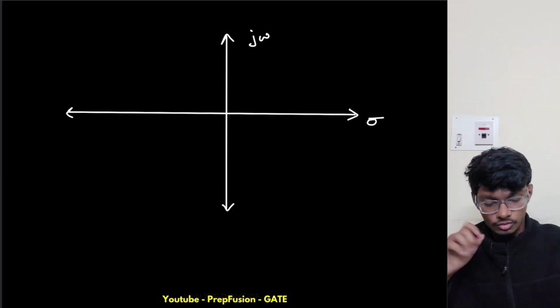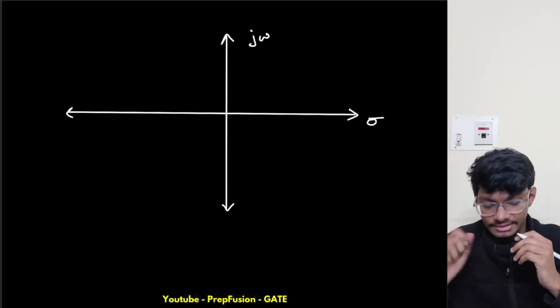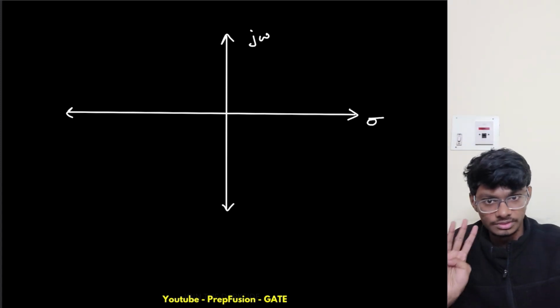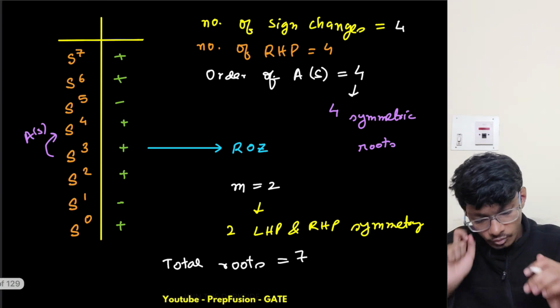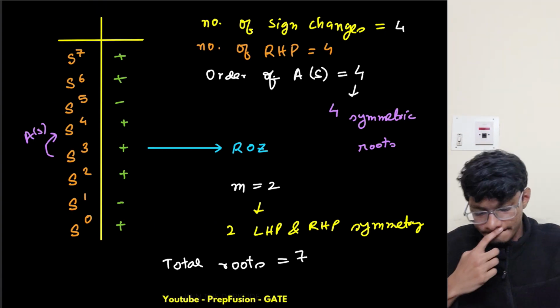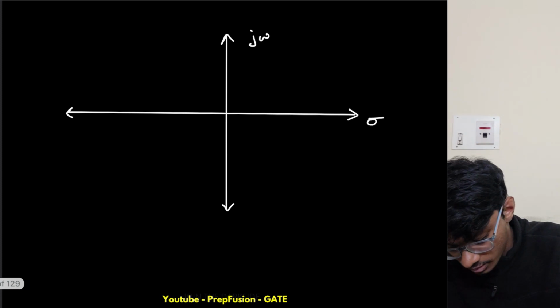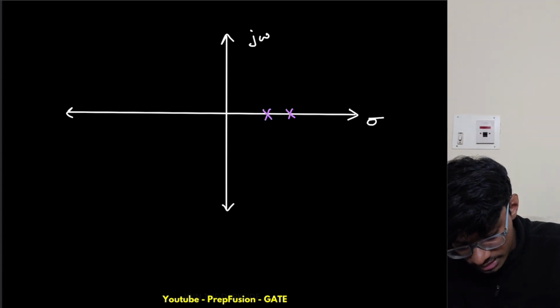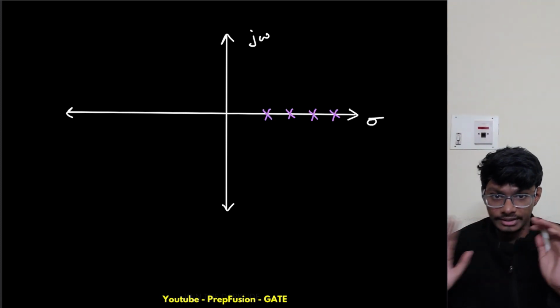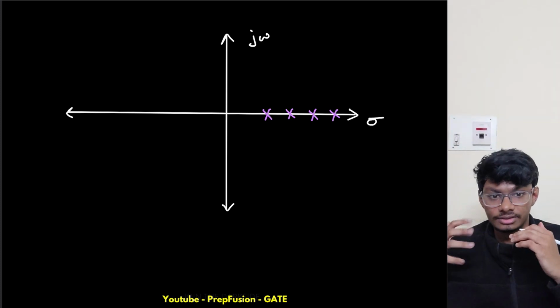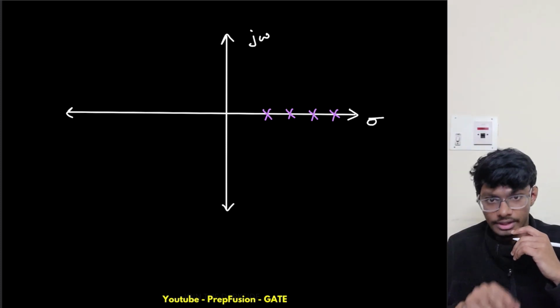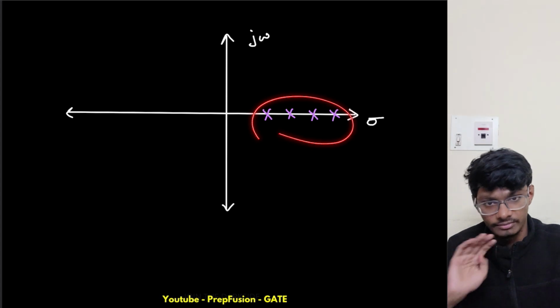One possibility is that I have 4 symmetrical roots, and out of that 4 are on the right half plane. So this is one possibility. Here let's say I have 4 and none of them are repeated because my ROZ isn't repeated. So I will have 4 right half plane roots here.